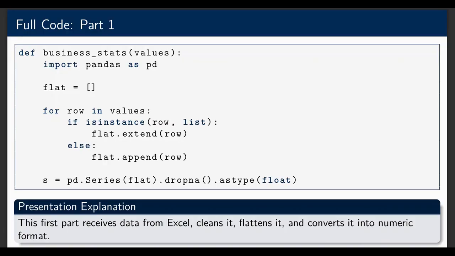Now this is our full code. This is part 1, showing the definition of our function, creating the empty basket, iteration for filling the basket, and ensuring our data is in numeric format.